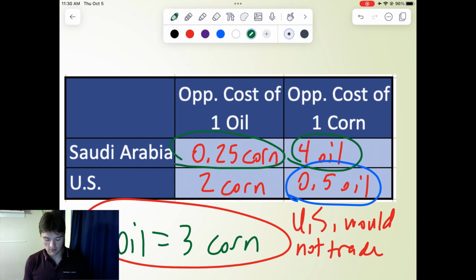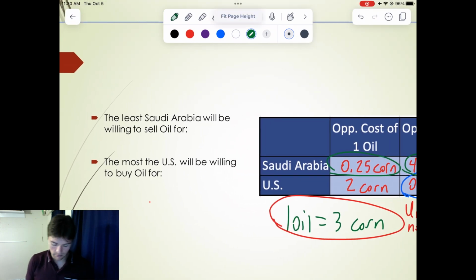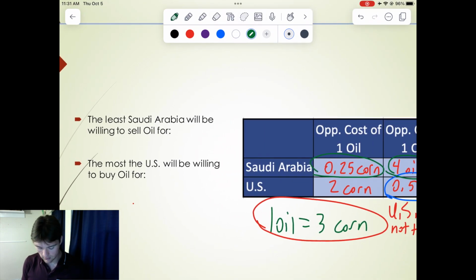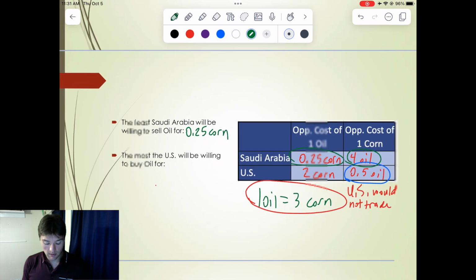Okay, so the least that Saudi Arabia will be willing to sell oil for would be 0.25 corn. The most the US would be willing to buy oil for would be 2 corn. And that's how you solve it. Once you figure out the opportunity cost, you can definitely figure out the minimum selling price and the maximum buying price. Easy.